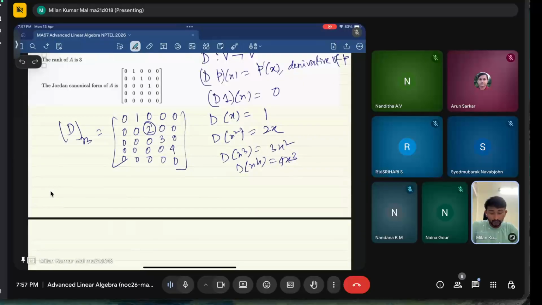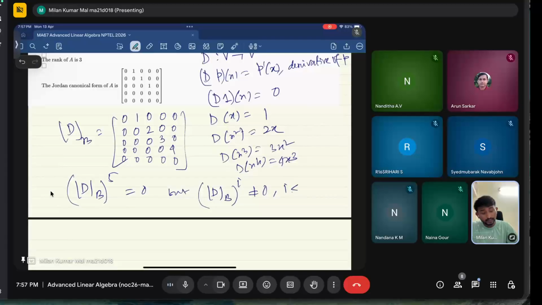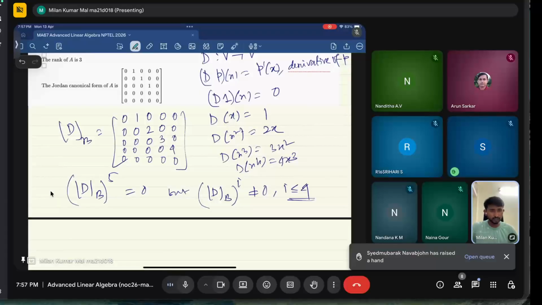That doesn't matter. If you take this matrix B to its 5th power, it will be 0, but B to any power i is not equal to 0 for i less than or equal to 4. If you take i is 1, it is not 0; i is 2, still not 0; i is 3, not 0; i is 4, still not 0. Any doubt?